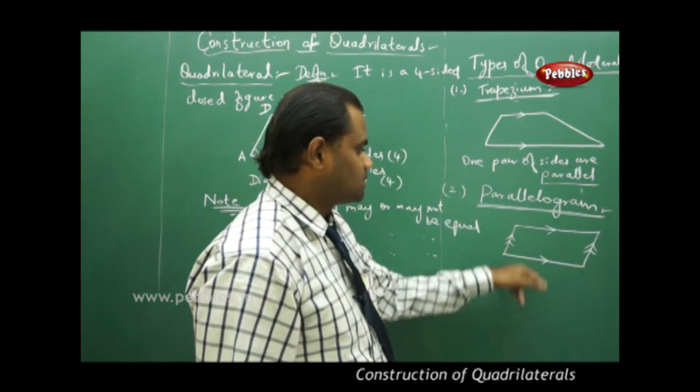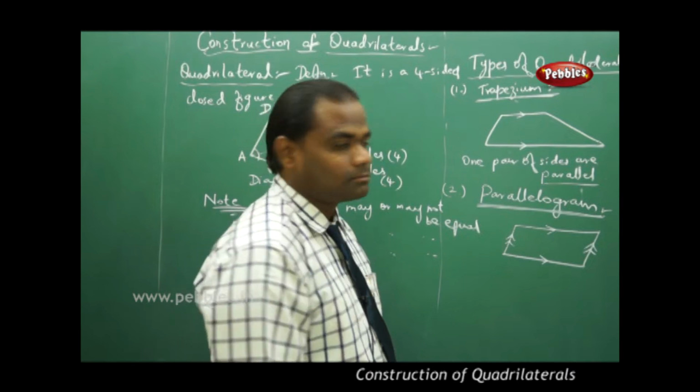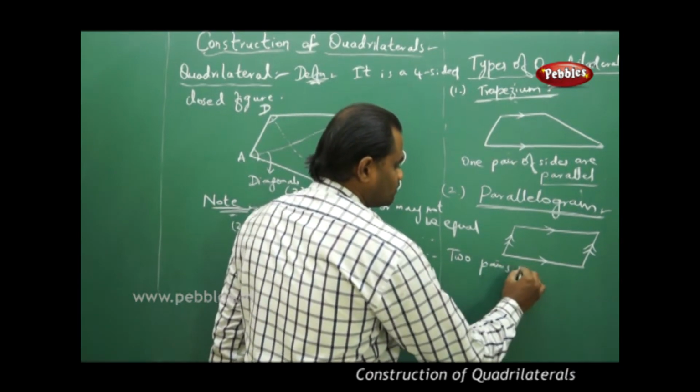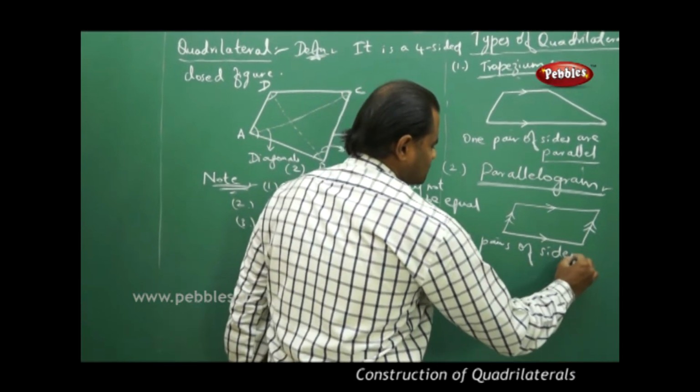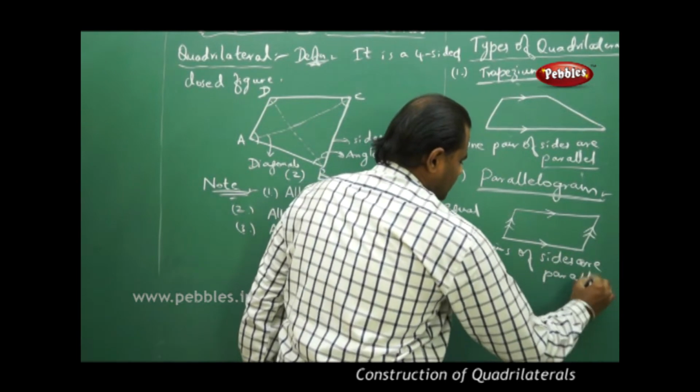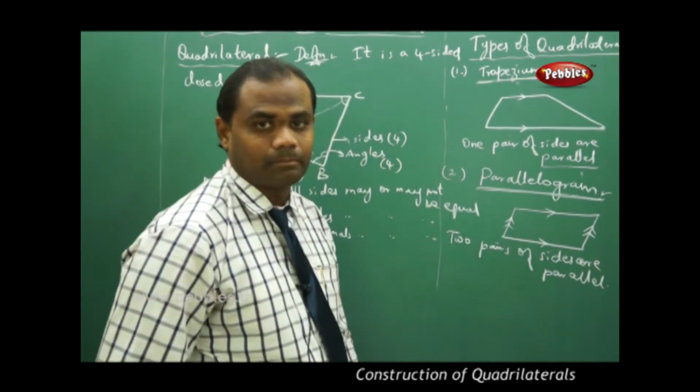So in this case, we get a parallelogram. So I find the definition as: if two pairs of sides are parallel then that quadrilateral is called parallelogram.